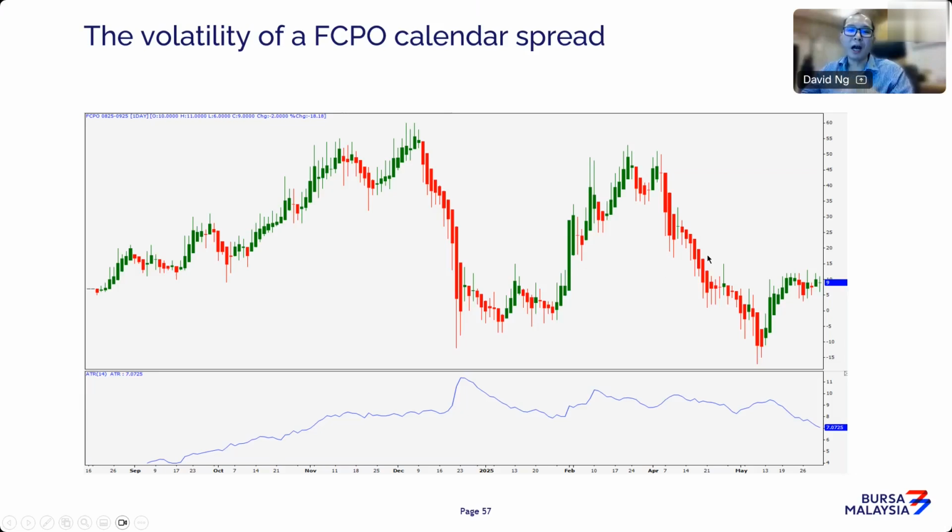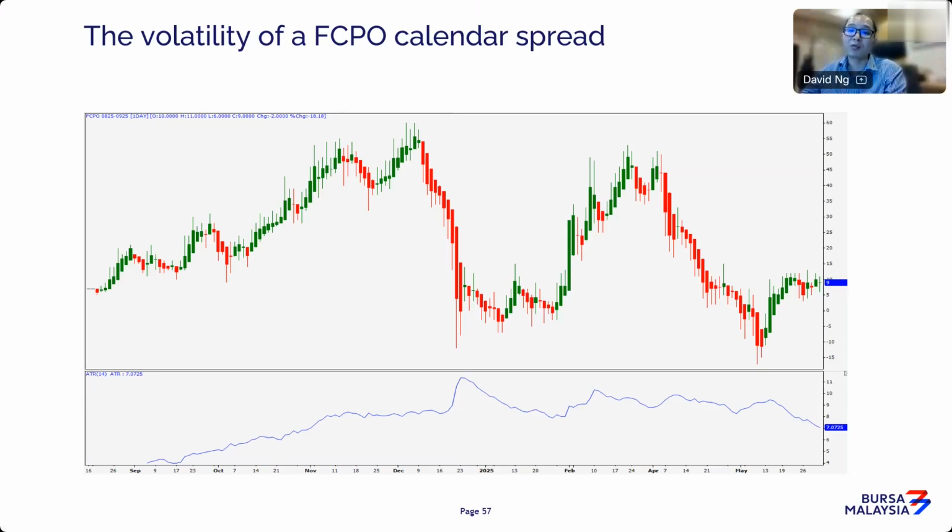Especially if the outright markets are moving into a sideways range, the spread can have very minimal movement as well. So keep in mind, the volatility of a calendar spread contract is very limited, as you can see by the ATR value here. But there are obviously certain instances where it can become volatile.